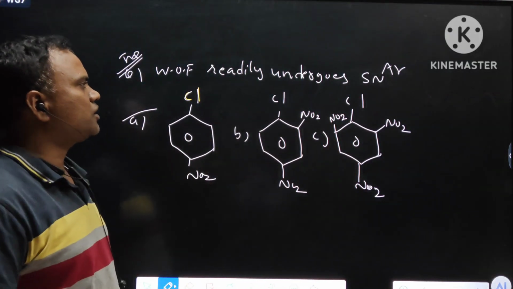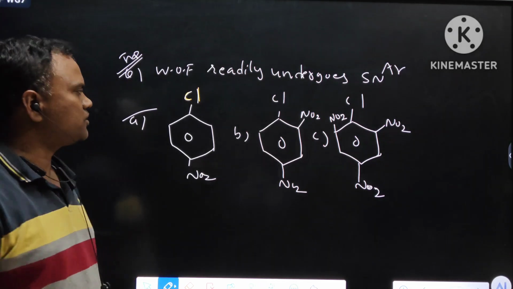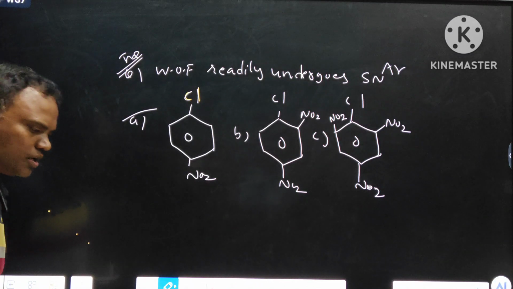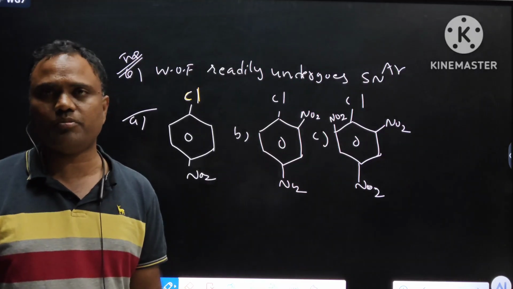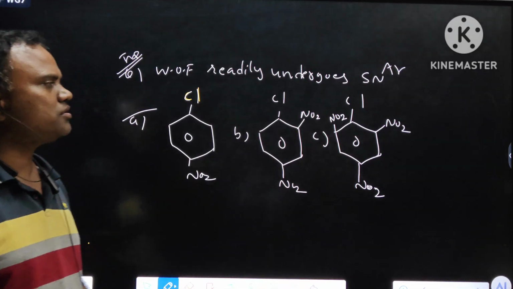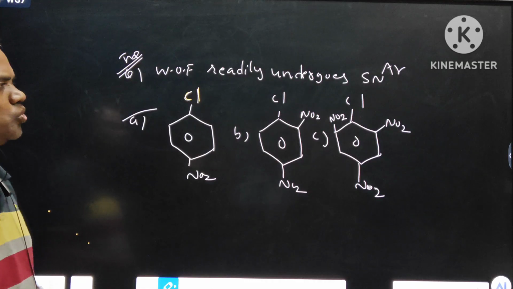Which of the following readily undergoes SNAR? Very easy to guess. What is the condition for aromatic nucleophilic substitution? Presence of a strong minus M group in ortho and para positions. Right? The answer is option 2.